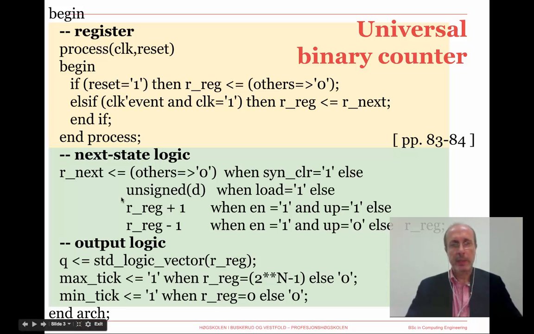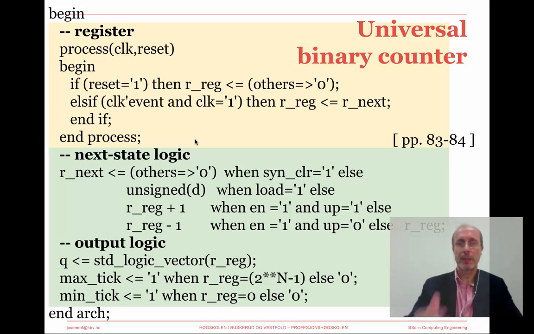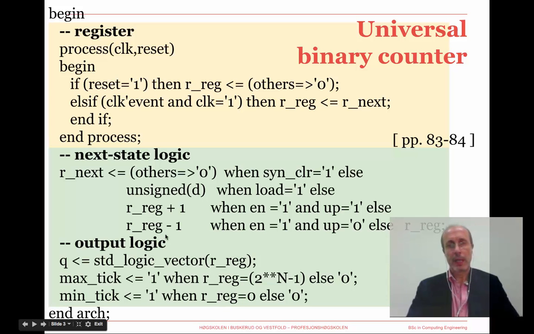And since the signals _next and _register were defined as unsigned because we need to increment or decrement their value, we will need to go from standard logic vector data type into unsigned before doing these operations. And likewise, we will also need to convert back from unsigned into standard logic vector before updating the counter outputs.